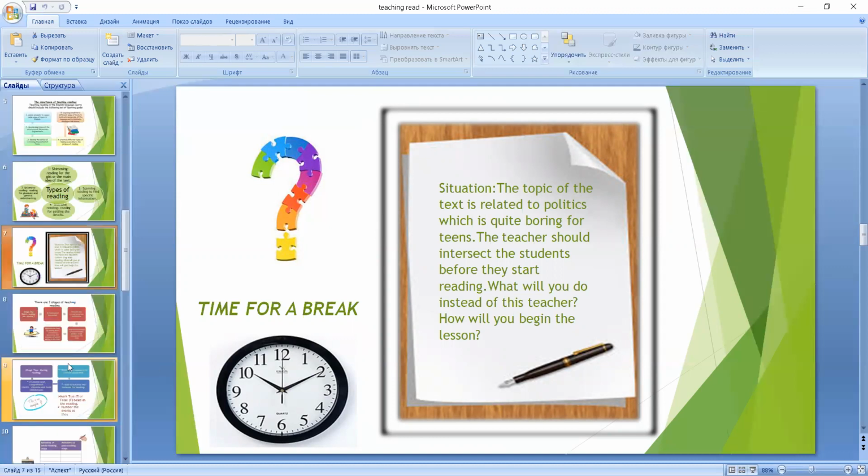When we plan our lecture, for example, we can give the students another text. We think about what will be interesting for the students, and we try to find more interesting texts for them.